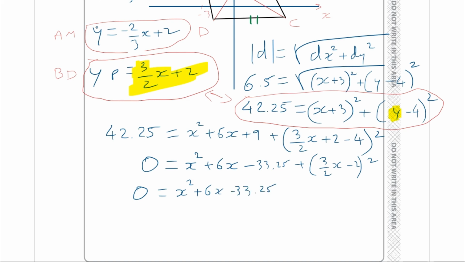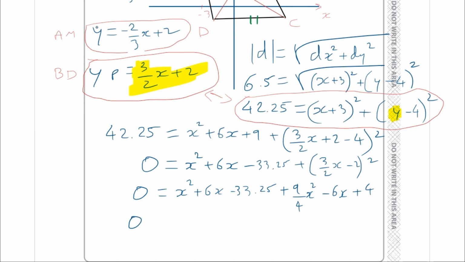And then as we square the bracket, again, a squared minus 2ab plus b squared. So a squared is 9 over 4 x squared, 2ab's. So 2 times 2, which is 4. 4 times 3 over 2 is negative 6, right? So we'll have minus 6x in the middle and then plus 4 to finish. Okay, so we can put the x squareds together.